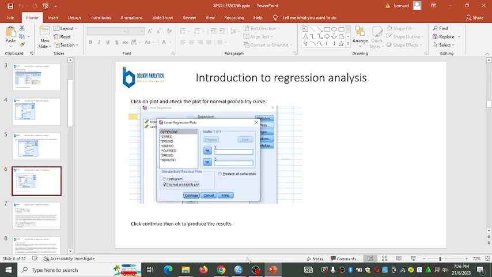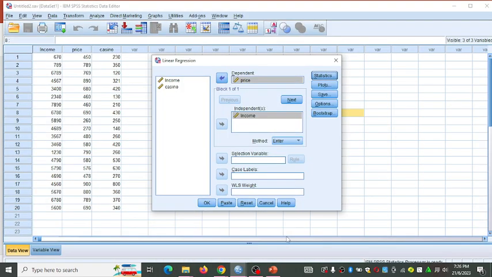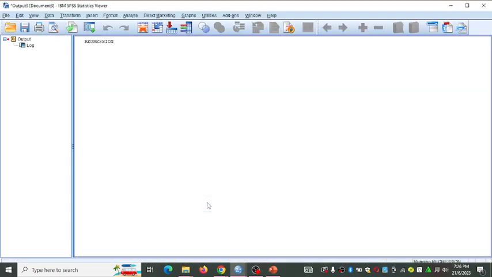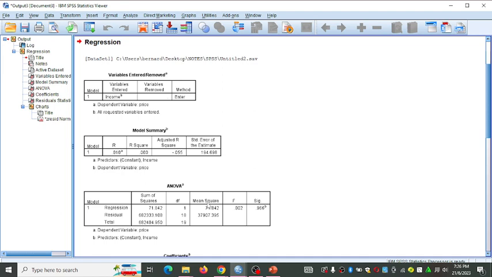Okay, I think it's okay up to that point. From there you can just click OK so that you get the output. So click OK, and here you are.